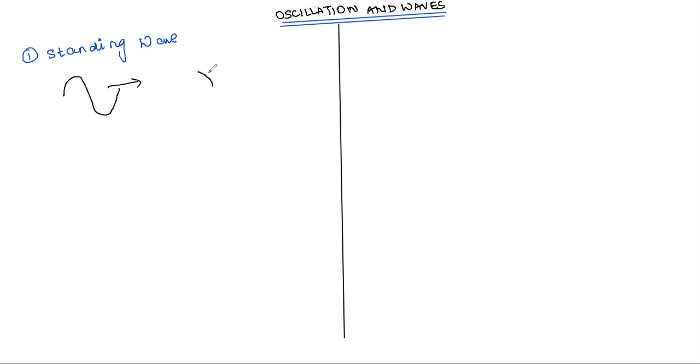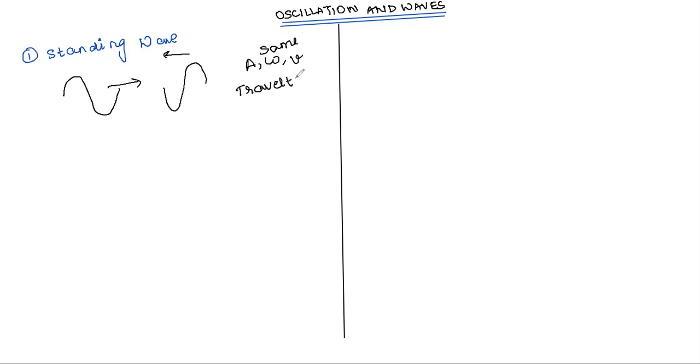Everything is same. Two waves have same amplitude, same frequency and same speed, just that they're traveling towards each other.